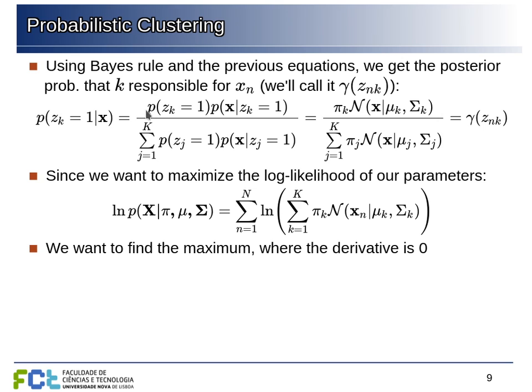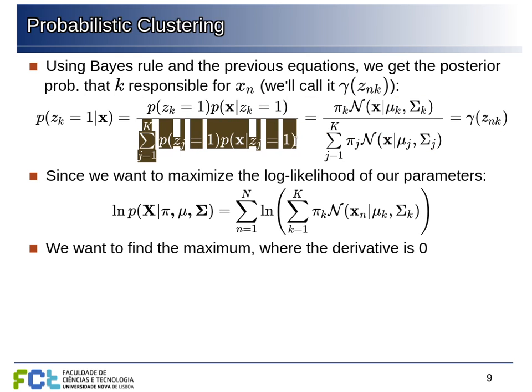So basically the probability of a point belonging to cluster K is the marginal probability of belonging to cluster K times the probability of the point being where it is if it belongs to cluster K, divided by the sum over all the possible clusters.